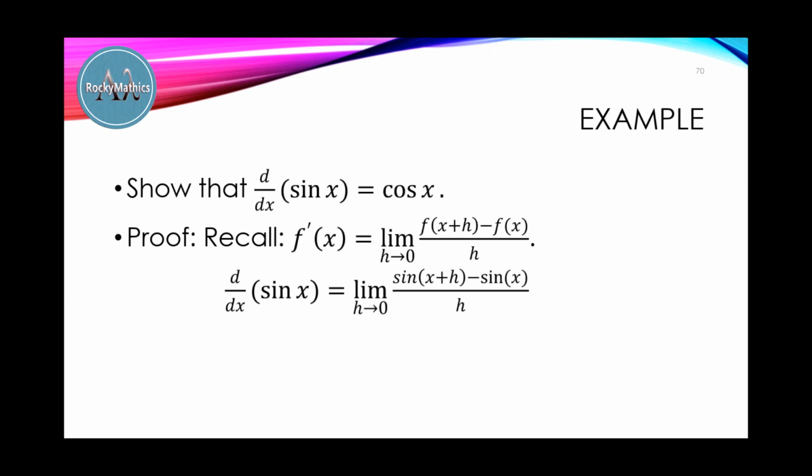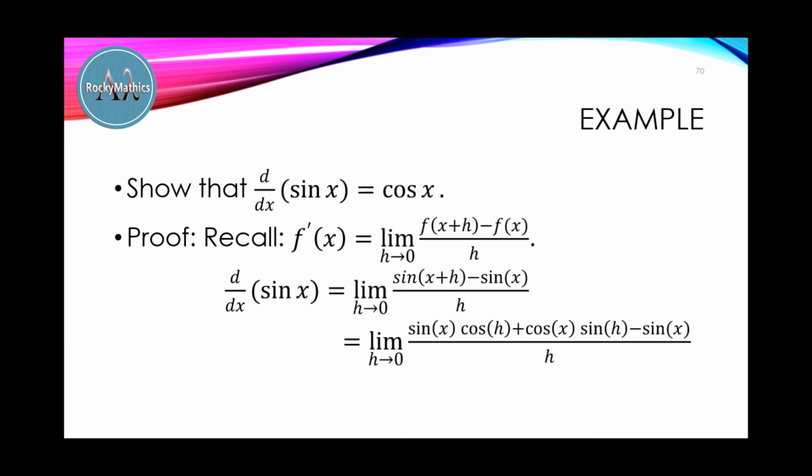Since we are asked to find the derivative of sine x, our f here is sine x. So the derivative of sine x is the limit of sine of x plus h minus sine x over h as h approaches 0.